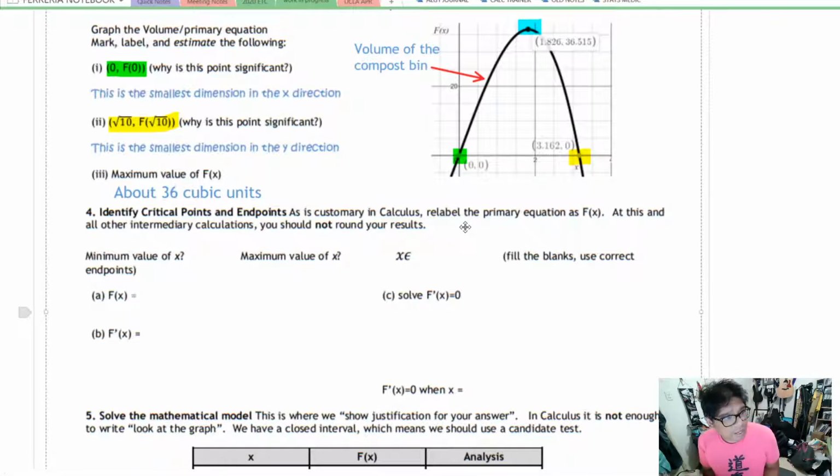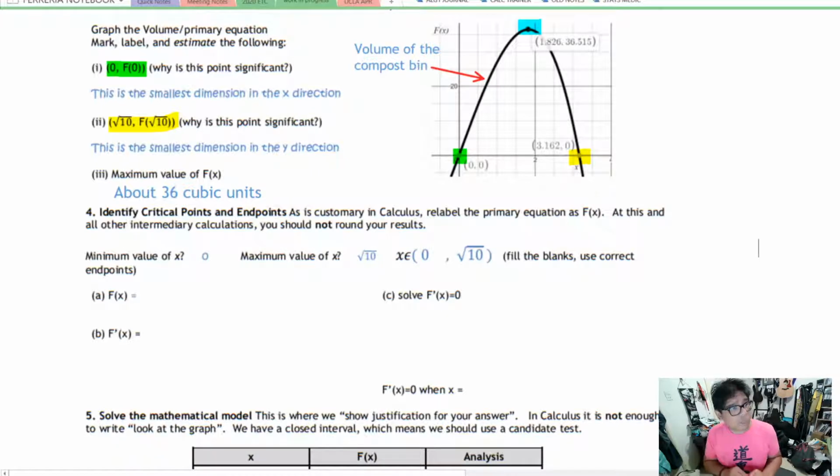At this and all intermediary calculations, you should not round your results. So what is the minimum value of x? We already talked about that. That's just 0. The maximum value of x is the square root of 10. That means that x must be between 0 and the square root of 10.